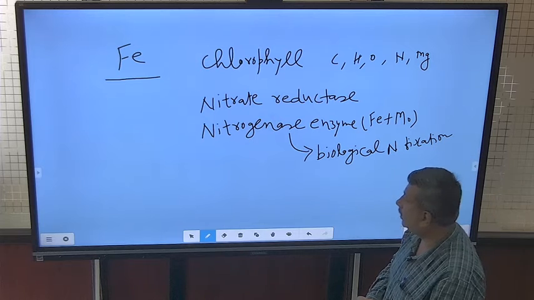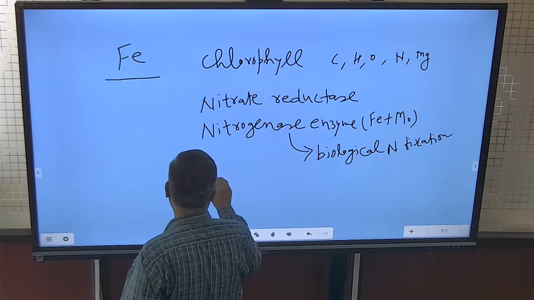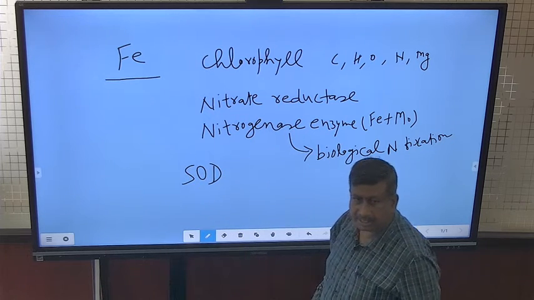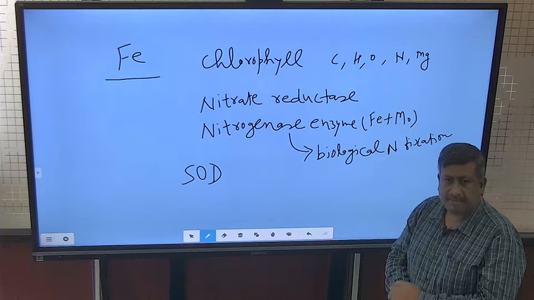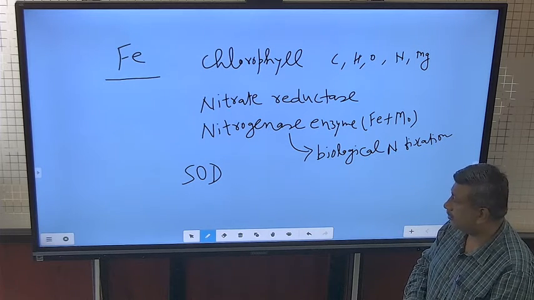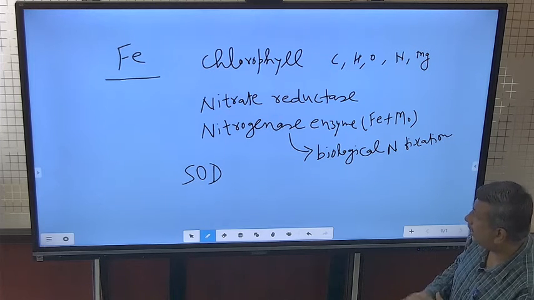Another important role of iron is production of SOD, superoxide dismutase, and this is important for scavenging free oxygen radicals. So, SOD production is enhanced under the supply of iron.